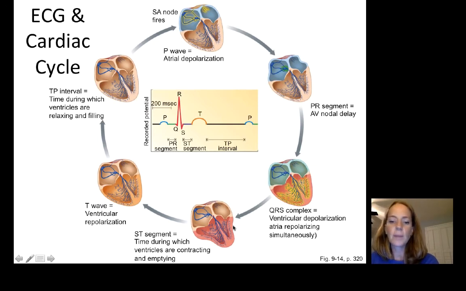As the activity spreads through the ventricles, they will contract to eject blood, and then the ventricles will repolarize. So the ventricular contraction is the QRS complex that you see here, QRS in red. And then the ventricles will relax to begin refilling and reset, and that repolarization causes the T wave.